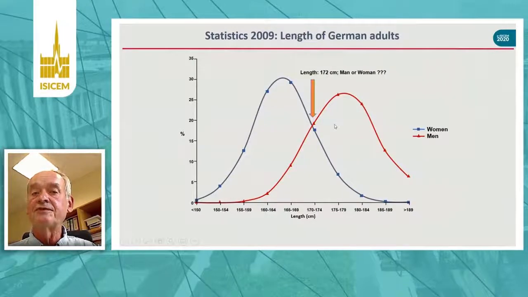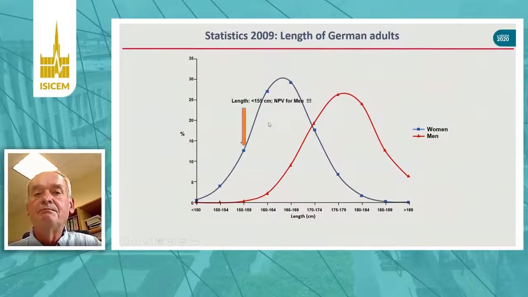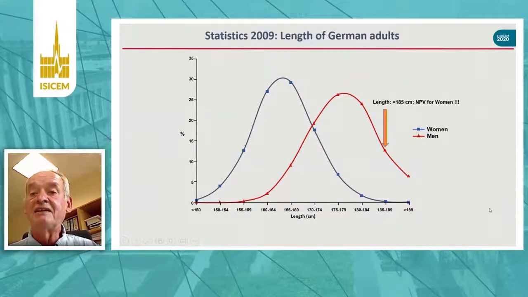And coming back to the first example, it was just the wrong question and the wrong cutoff. If we had asked about people with lower than 155, we would have a very good negative predictive value for men. Or if we had asked about higher than 185, we have a very good negative predictive value for women.